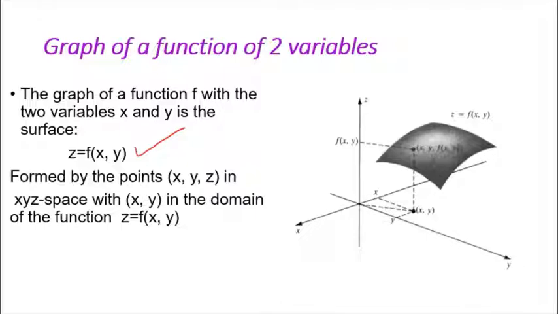So this will give us ordered triples (x, y, z) in the xyz space, that is, the three-dimensional space, and any function given in the form z is equal to f of x, y can be graphed like this. It can be a surface, it can be a curve, it can be anything in the three-dimensional xyz space.